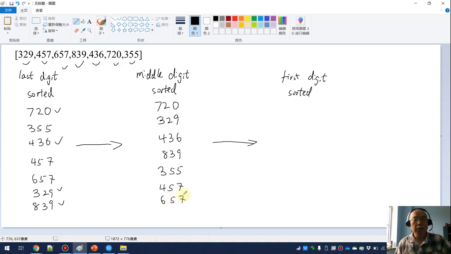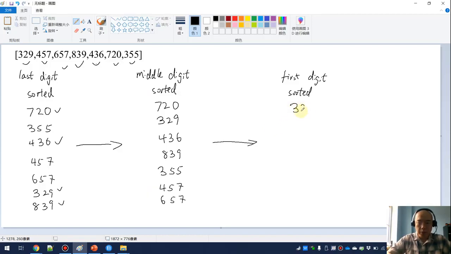Okay, so the middle digits are sorted, and in the last pass we want to sort the most significant digit. So we are touching 7, 3, 4, 8, 3, 4 and 6. So the smallest value would be 3.